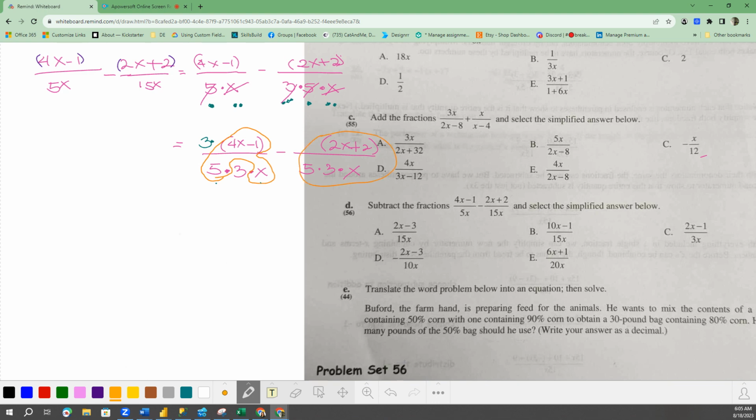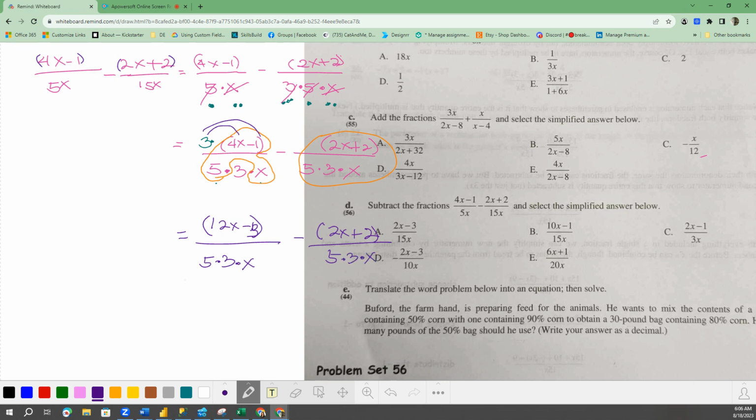Okay, so now what we're going to do is we will simplify this. So you have 3 times that parentheses. That means you have to distribute that 3 over there. So you will have 12x minus 3, still in parentheses, over 5 times 3 times x, minus, still in parentheses, 2x plus 2 over 5 times 3 times x.